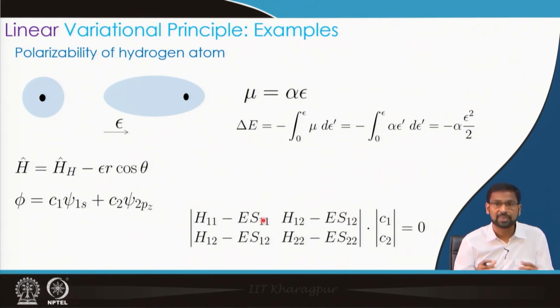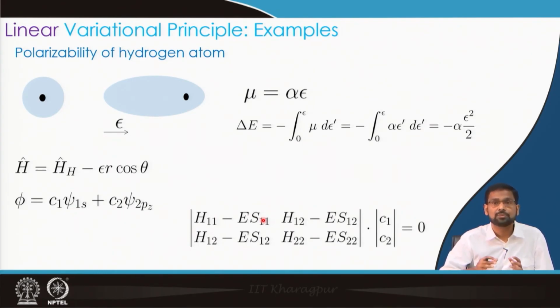Once I have them, I can solve and obtain the energy value and C1 and C2, and they will give me an idea about the polarizability of the hydrogen atom. But the evaluation of these matrix elements, as well as the determination of the energies and the wave function of this hydrogen atom, which is now subject to an external electric field, is what we would consider in our next lecture.